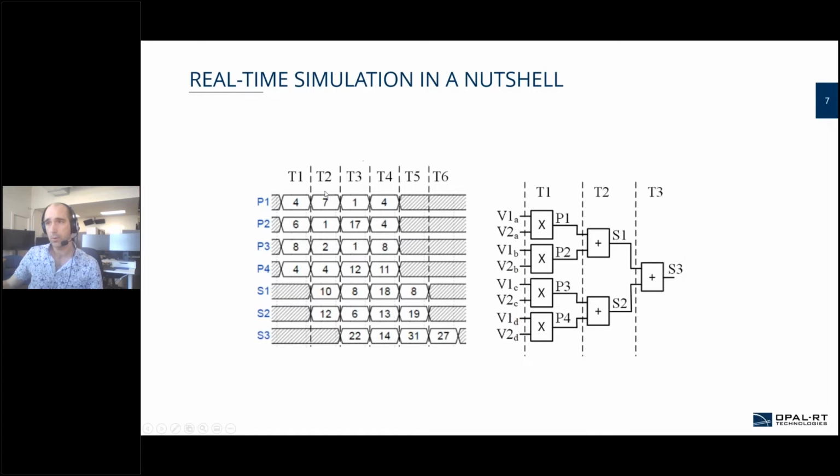Then at T2, we can add new inputs at the input of the multiplier, but you also have new output available at the output of the summation, and so on. So after 1, 2, 3 steps, you have the result for the first vector you input. After 4 steps, you have the result for the second vector, and so on. So it takes 3 steps to get the first value, but afterward it only takes 1 step to get one more value.